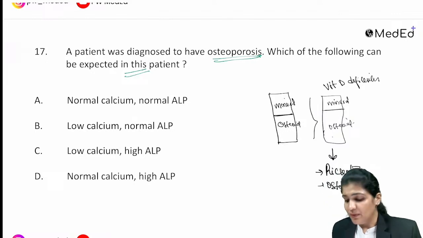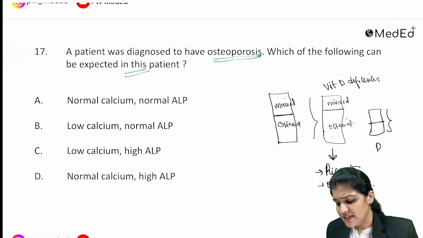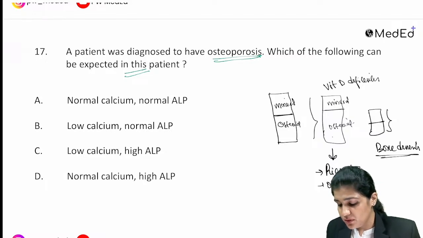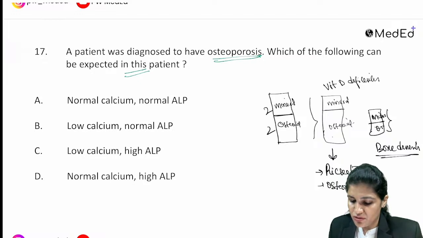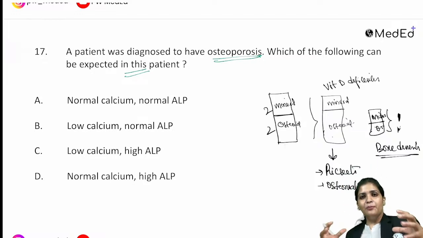Now the mineral is decreased, hence they become weak, and this is called rickets in children and osteomalacia in adults, right? Now when you come to osteoporosis, here the complete bone strength, the bone density itself is decreased, where the mineral is normal and the osteoid is normal, so both are normal, right? So this is again the mineral and the osteoid. If this is 2:2 ratio, this becomes 1:1 ratio, right? So both are decreased and the bone becomes weak.